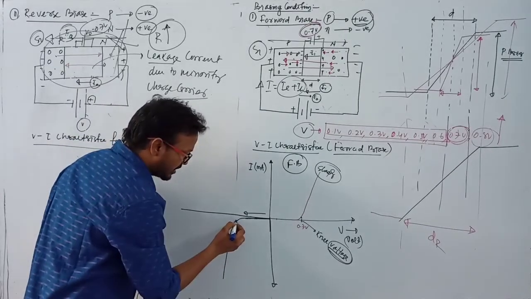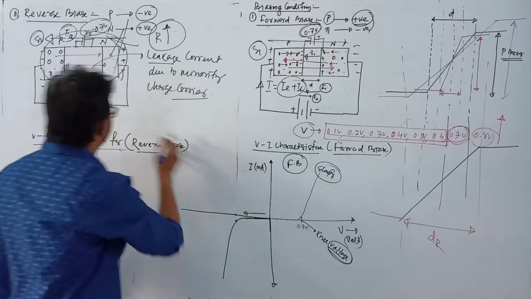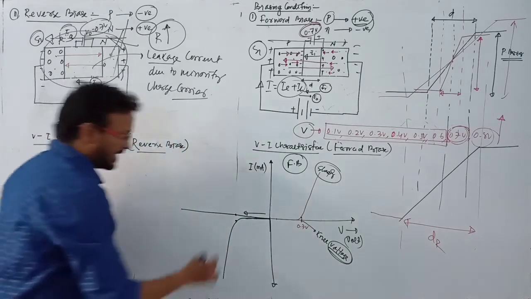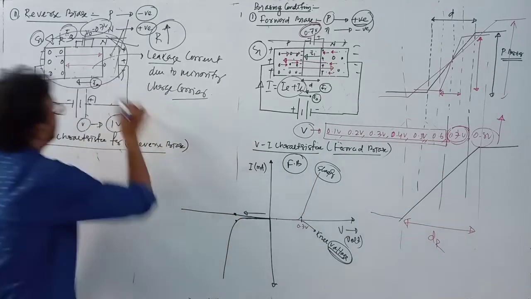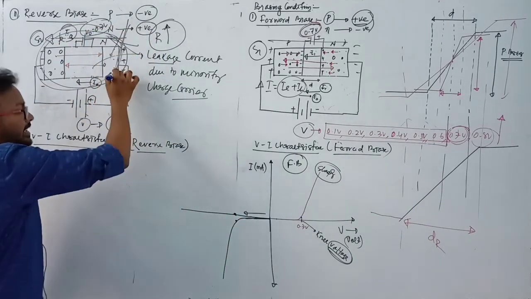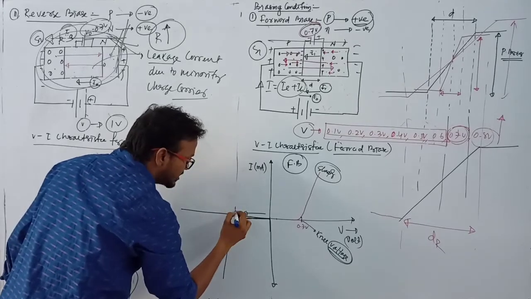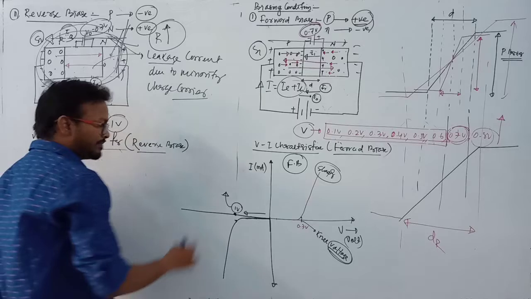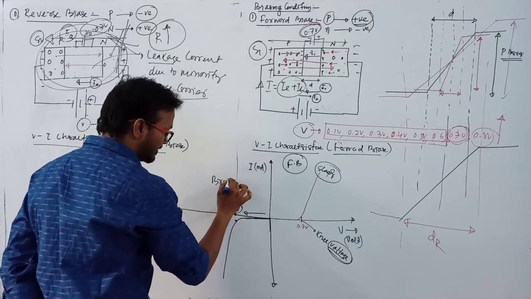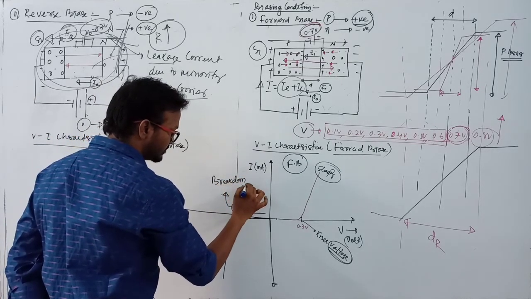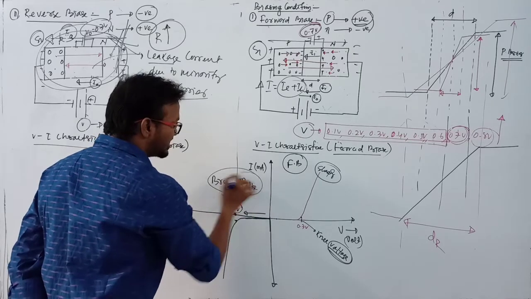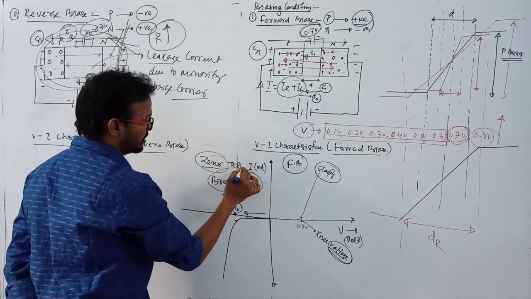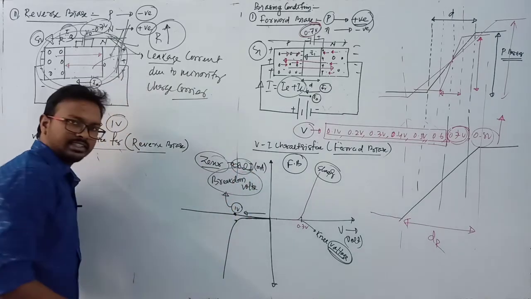And up to a particular voltage, if we increase this voltage, suppose this voltage is 1 volt, then at 1 volt the total PN junction breaks, then this voltage is known as breakdown voltage, or you can say Zener voltage. We will discuss later what is Zener diode and Zener voltage.